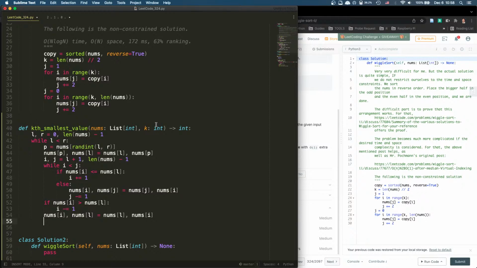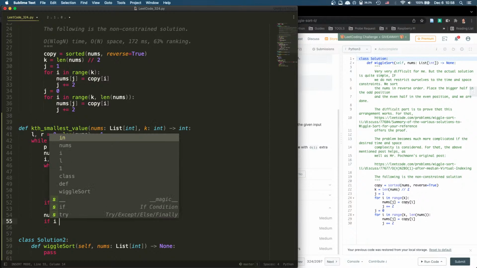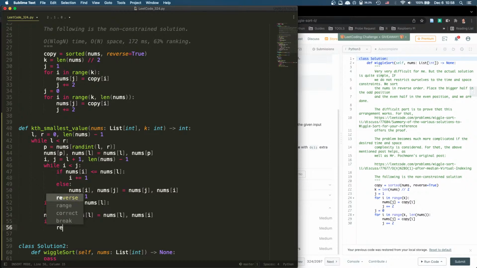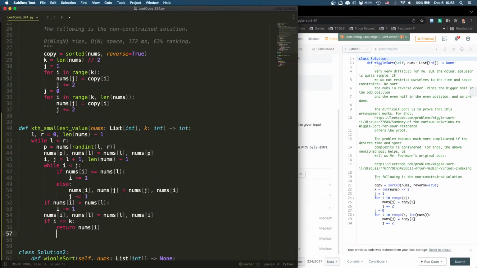And how do we check if it's the kth position? Then we say if i is the index, right? So i is the index. And then we say if this index is equal to k, then we're done. We just return nums[i], right?